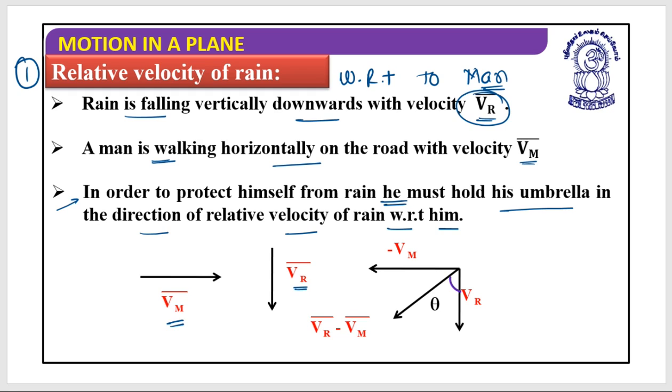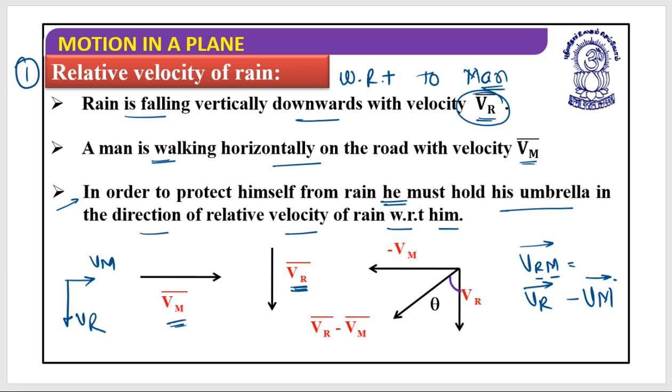So let's have a pictorial representation of the same. This is VR, this is Vm. What I want is VRM, the velocity of rain with respect to man. So I require VR minus Vm. If I draw this diagram, this is Vm and this is VR.